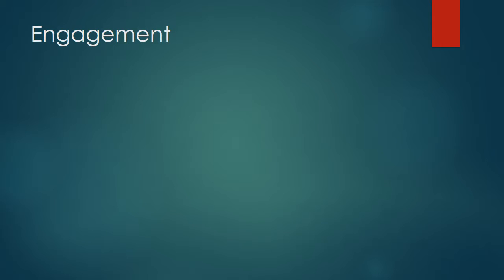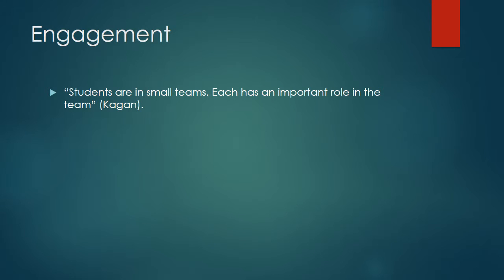So then I wanted to look at how cooperative learning adds to student engagement. According to Kagan, students are in small teams. Each has an important role in the team.